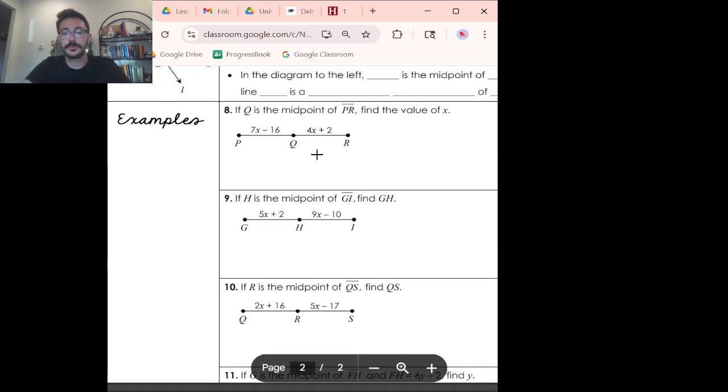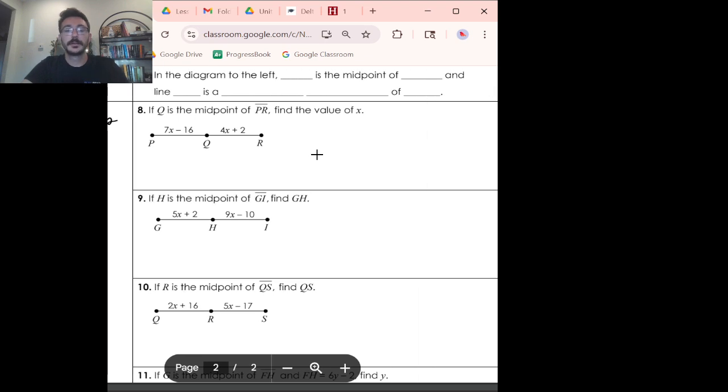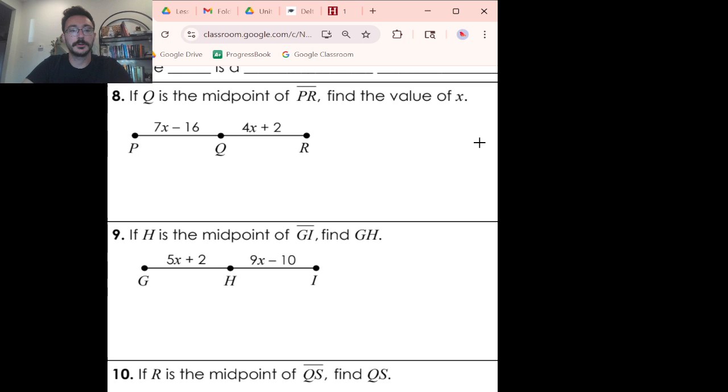In terms of using that mathematically, notice here it doesn't say this chunk plus this chunk equals this. It just says Q is the midpoint, find the value. That's because it's assuming we know how midpoints work now, that the two segments are equal.